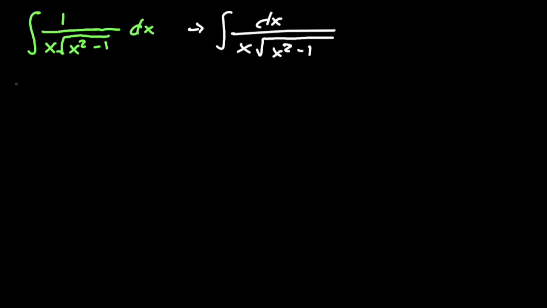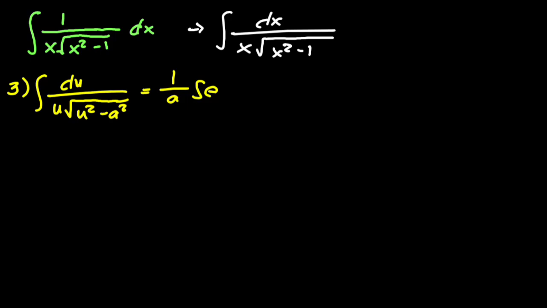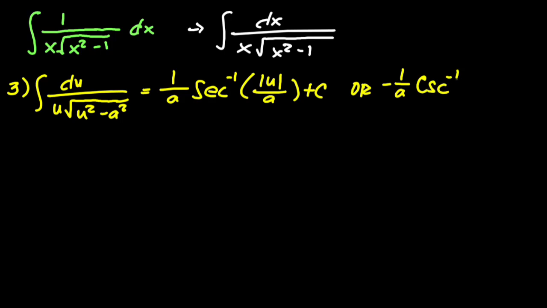This corresponds to the third formula that I gave earlier, which is du over u multiplied by the square root of u squared minus a squared, equal to 1 over a multiplied by arcsecant of the absolute value of u over a plus c, or negative 1 over a multiplied by arccosecant of the absolute value of u over a plus c.